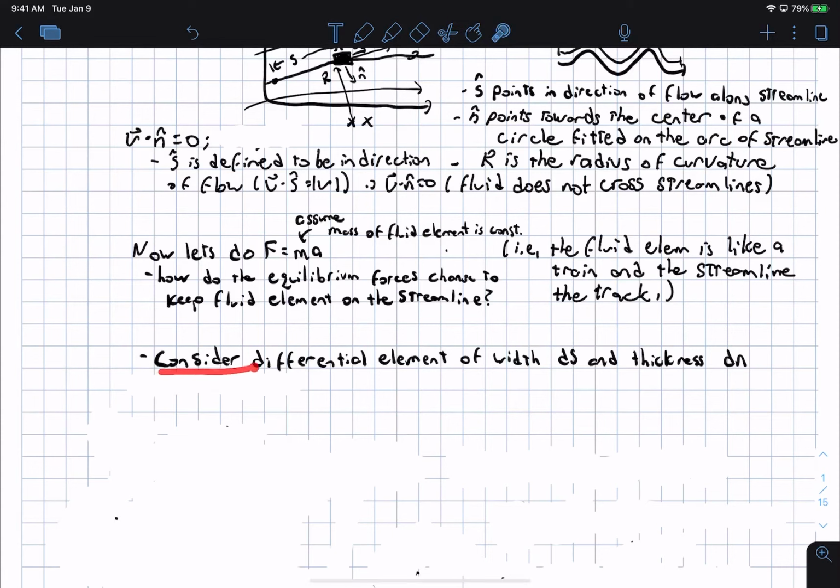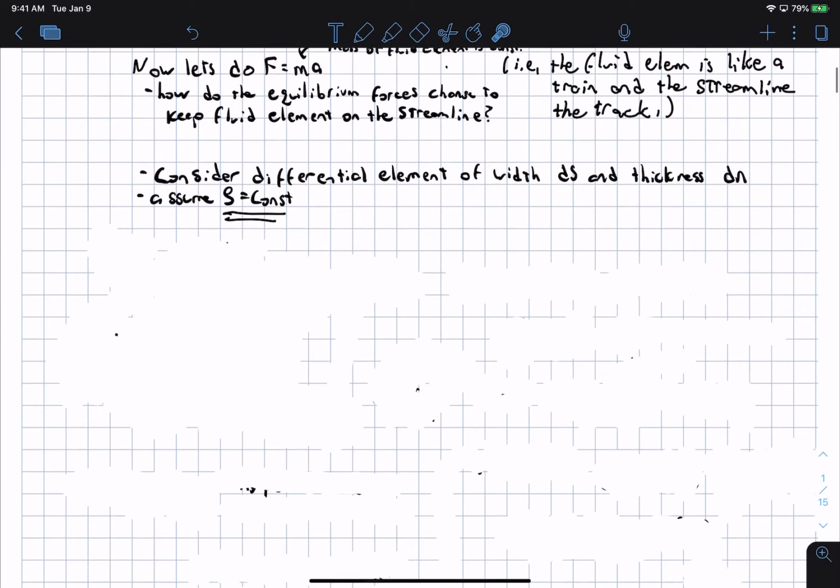We're going to consider a differential element of width ds and thickness dn, and we're going to assume that density is constant. That's another assumption we're making. So not only is it steady and inviscid, but we are assuming that the density of the fluid is constant.